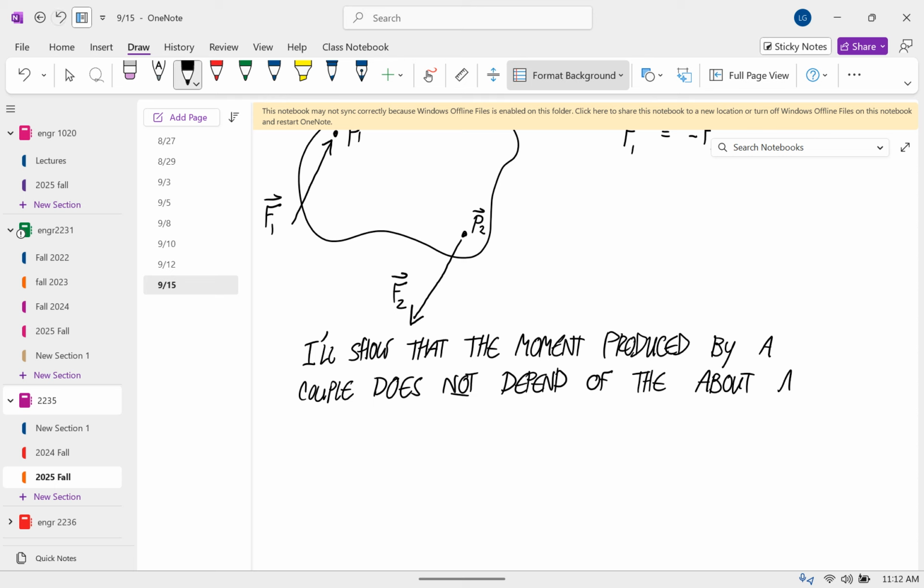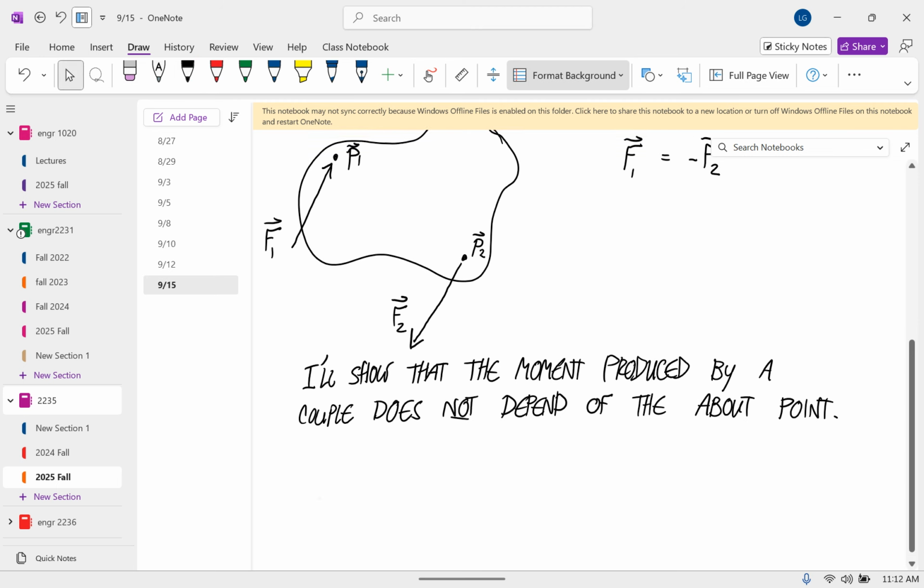So this is the thing I want you to think about right now. What's the net force of a couple, first of all? They're equal and opposite forces, so there's no net force. We'll see that there is a net couple, but that couple doesn't depend on the about point.